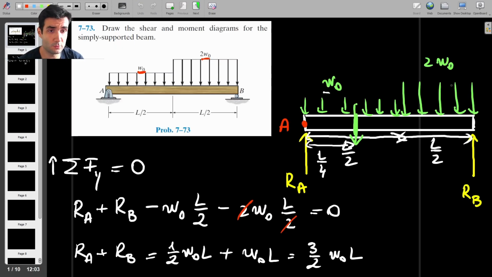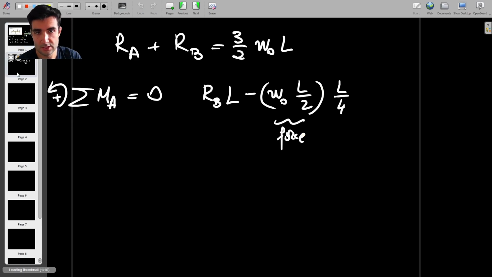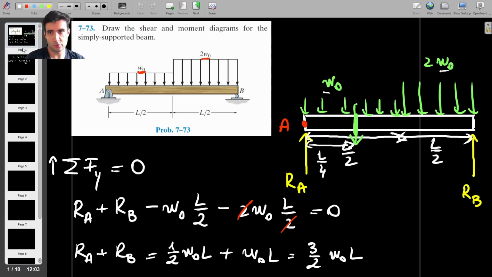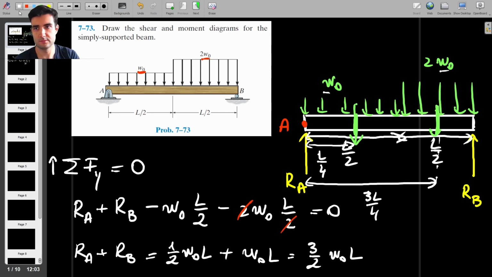And we do the same thing with this one. So 2W naught will generate a net force acting halfway along the right hand side of the beam, along the right half of the beam. And the moment arm with respect to point A is going to be this, which is L over 2 plus L over 4, which is 3L over 4.